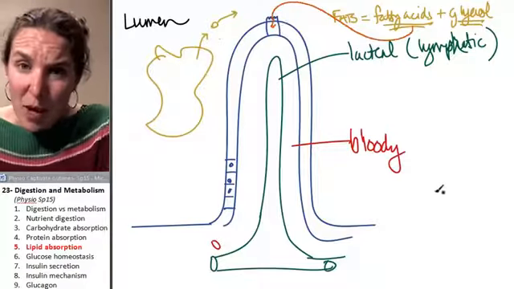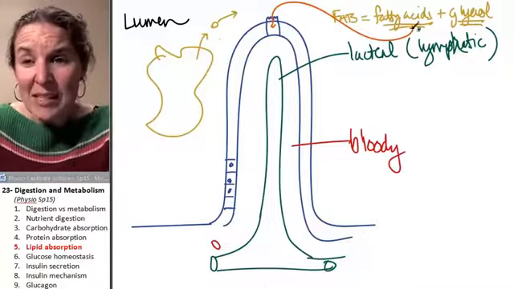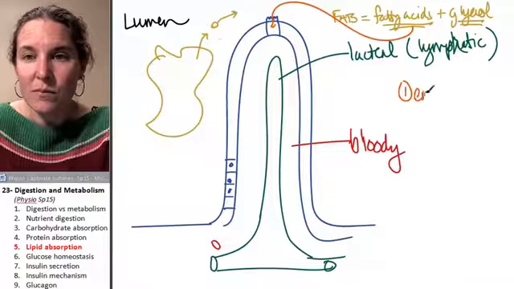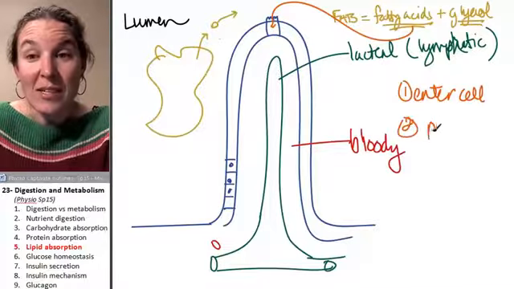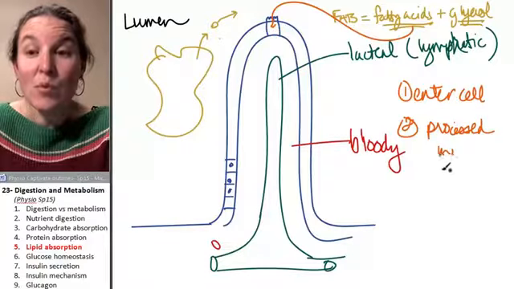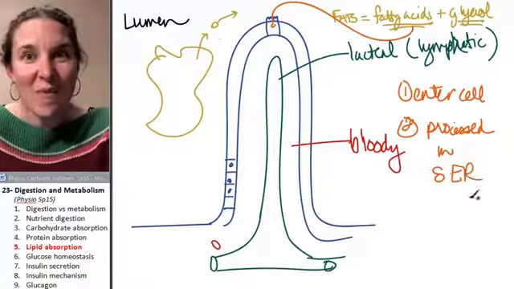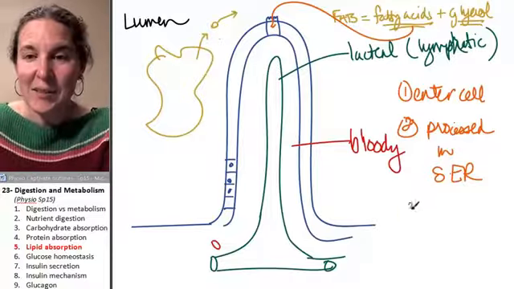They do need to be processed. So fatty acids diffuse into the cell. They're processed in the smooth endoplasmic reticulum. Remember, that's where we process fats. Nice.